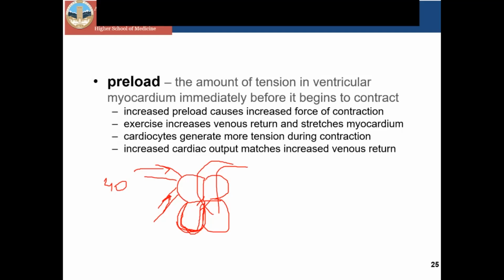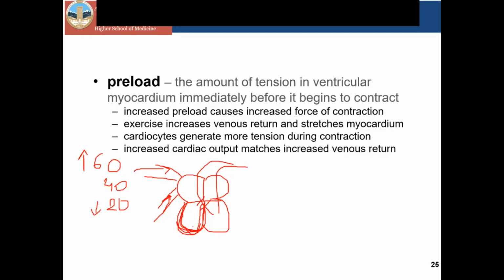It is connected with the volume that goes to the ventricle. For example, if it is only 20, it's not enough. It's decreased preload. If 60 milliliters go here, it will be increased preload.